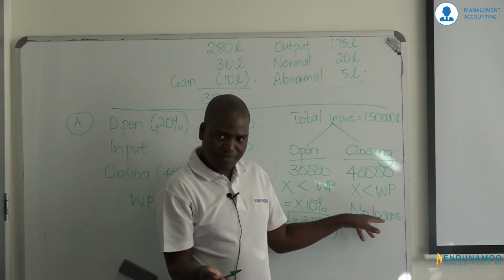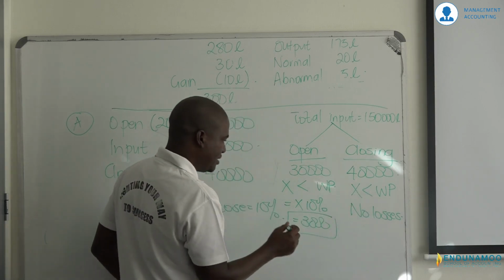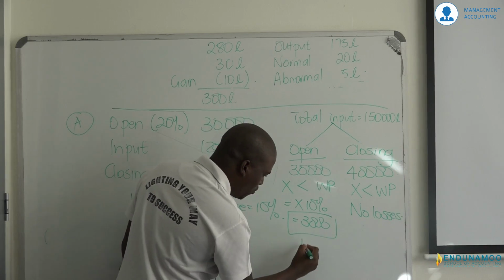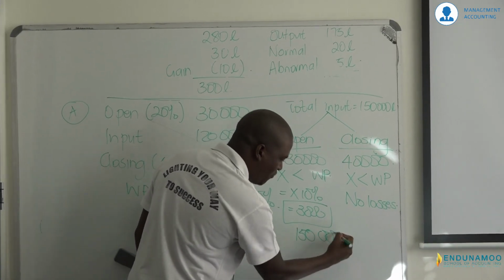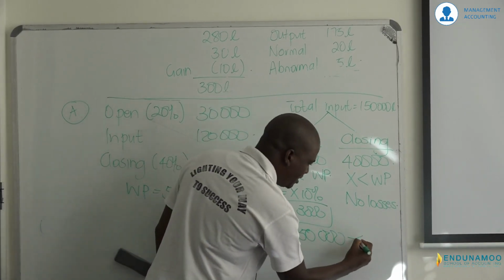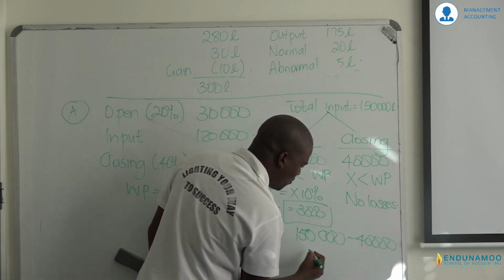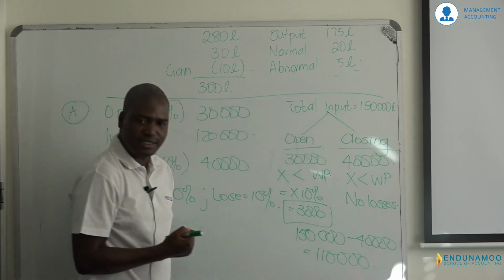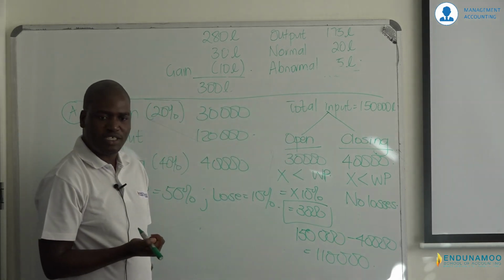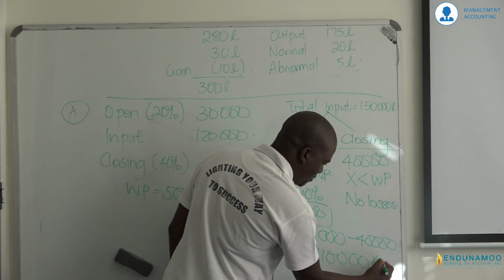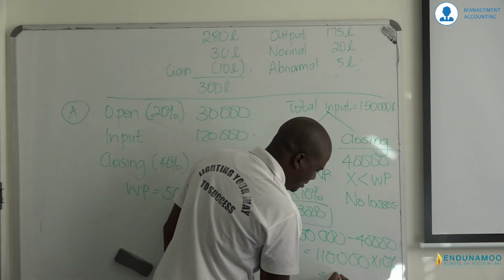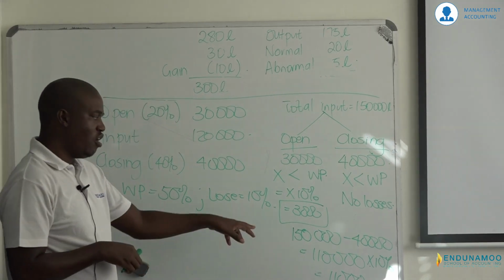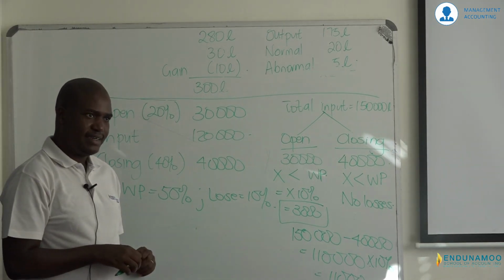So we started with 150, so we had total input of 150, but 40 of it will not be subject to losses. So losses will just be 10% of 110. Is that clear?